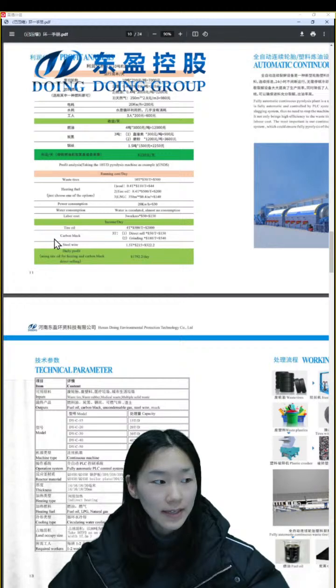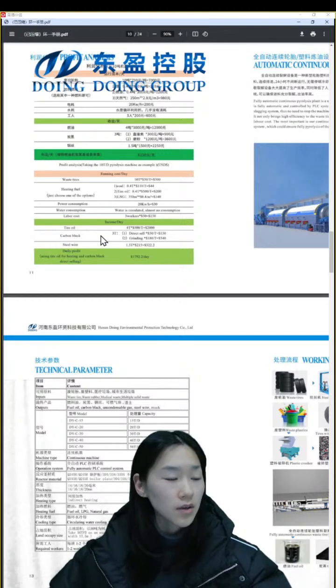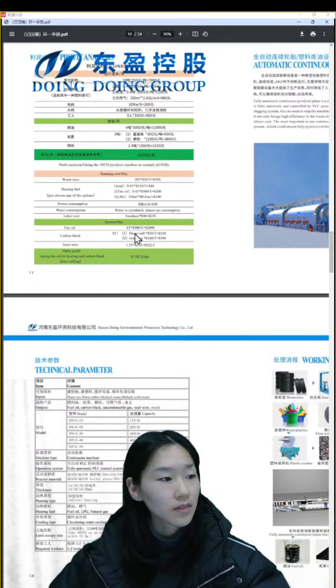And the second product is carbon black. You can get 3 tons of carbon black from these waste tires.